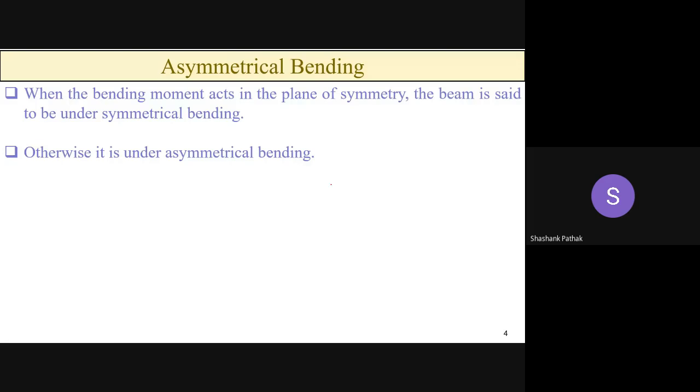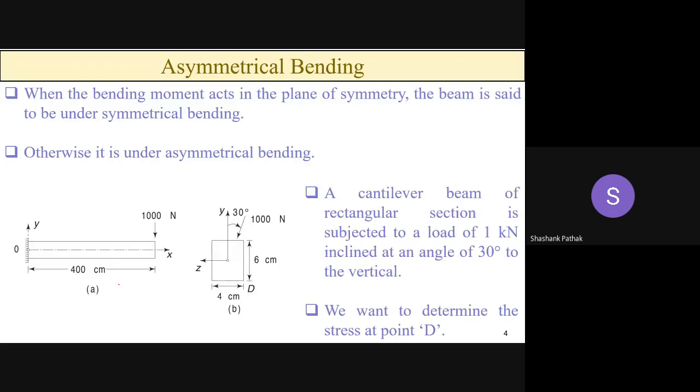Let us also see one simple case. So this is a cantilever beam. At the tip of the cantilever beam, if you see from the side view here, you will see a vertical force of 1000 Newton being applied at the tip. But if you see from this angle, this 1000 Newton, which was looking vertical from here, is actually inclined at an angle of 30 degrees to the y-axis.